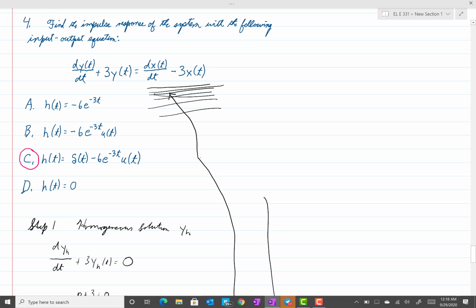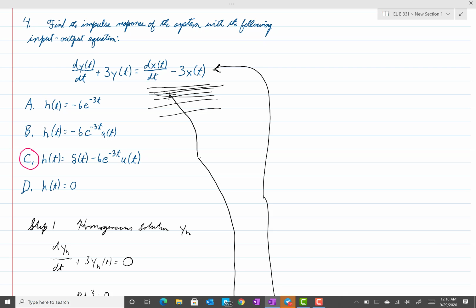Since we're claiming that function is the impulse response to this system, check it by just plugging in that h for y and plugging in the delta function for x and see if it satisfies that equation.